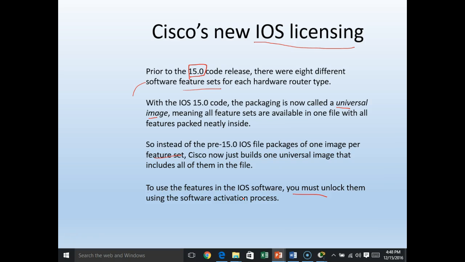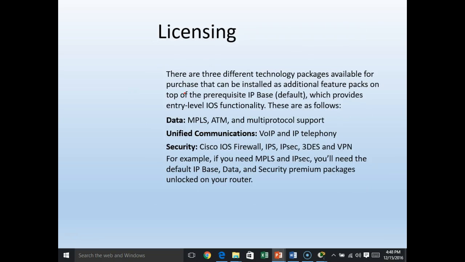But you got to unlock these things, and it's really kind of strange here. It says the licensing has 3 different technology packages available, and you can install them so that the additional features work. IP-based data provides the entry level. We have data, which is MPLS, ATM, and multi-protocol support. That's what we're typically going to use. Unified communications is VoIP.